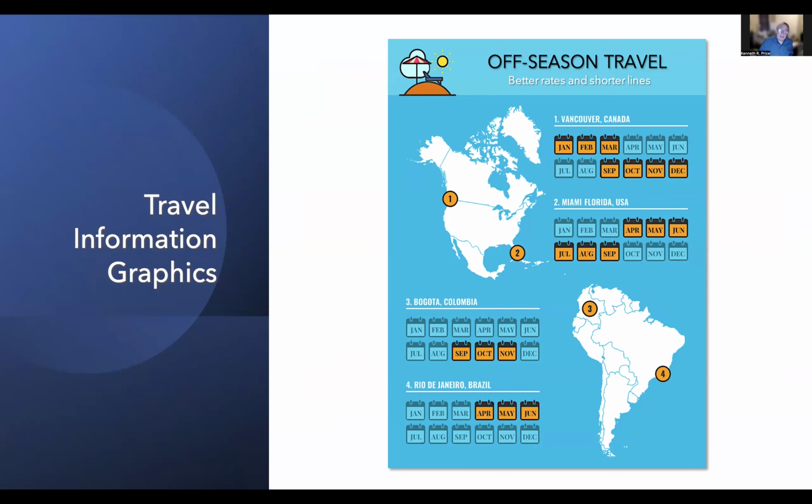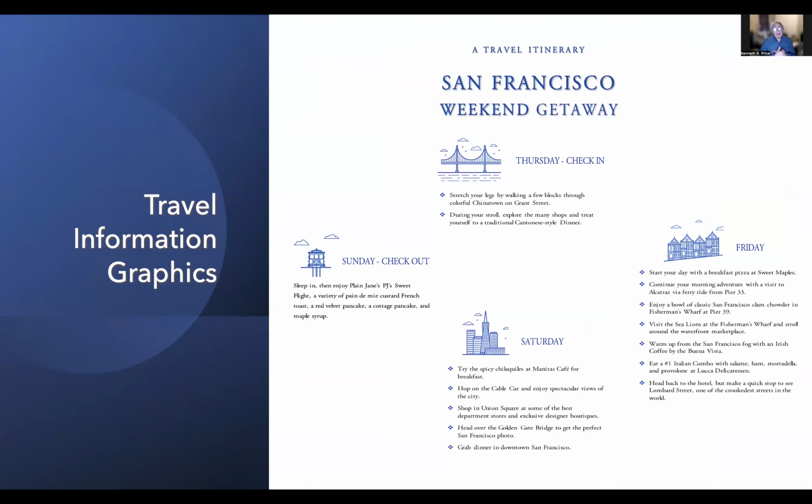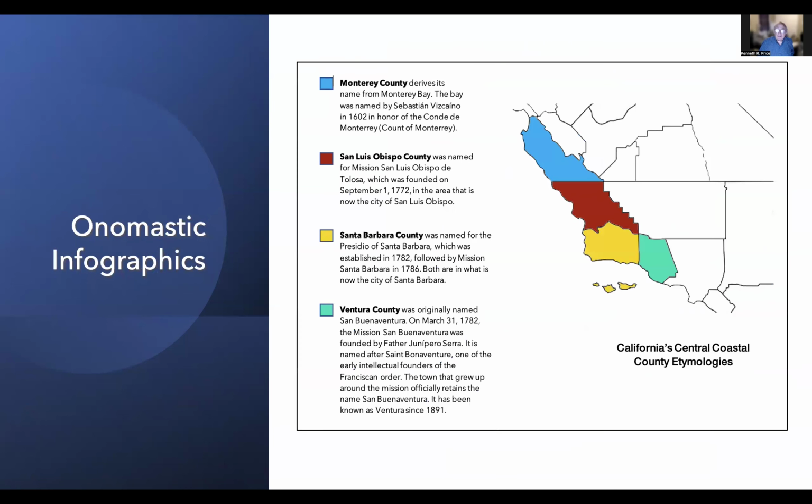It's visually interesting, even to the point of including travel information graphics like a travel itinerary for a weekend getaway in San Francisco. What I've done in my travel writing courses is include these onomastic infographics.